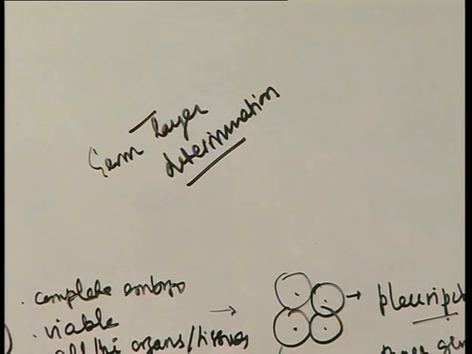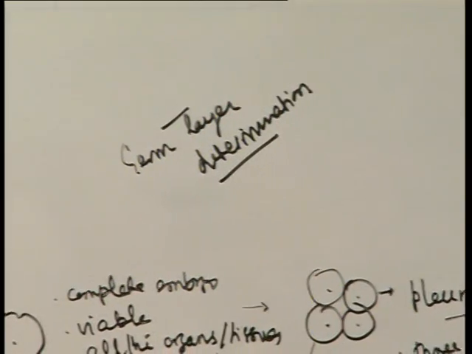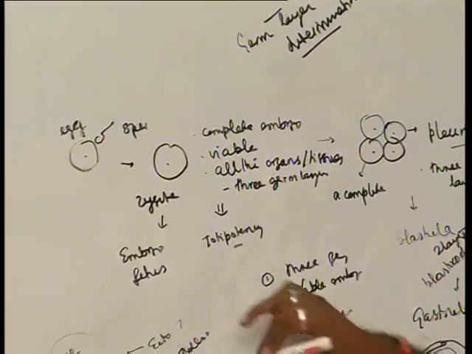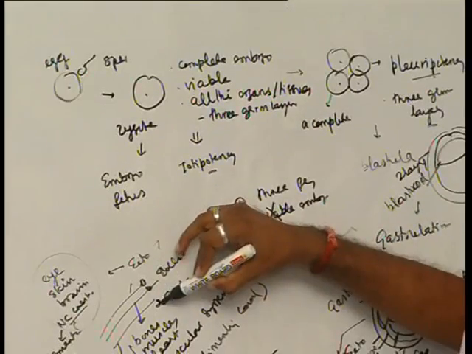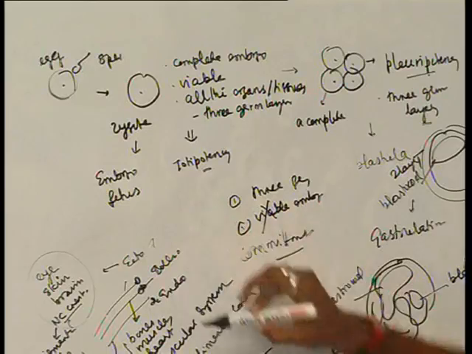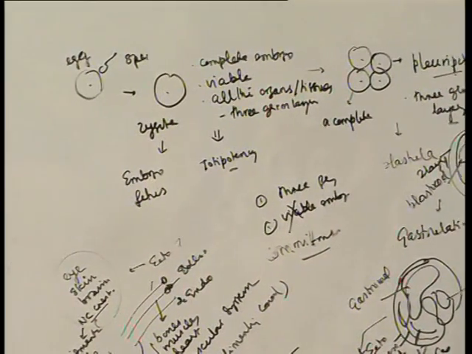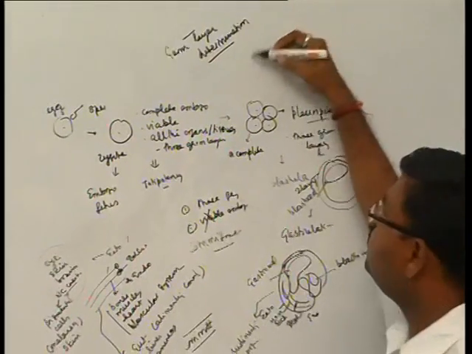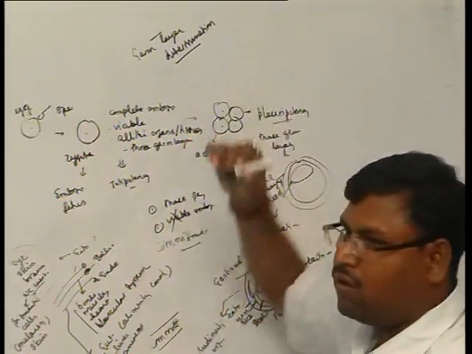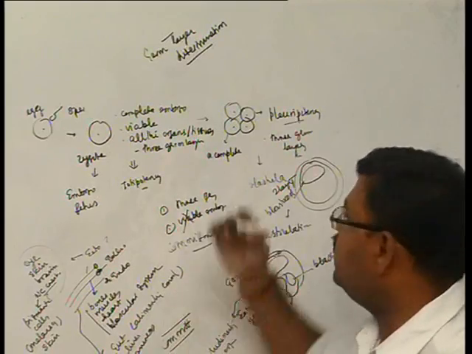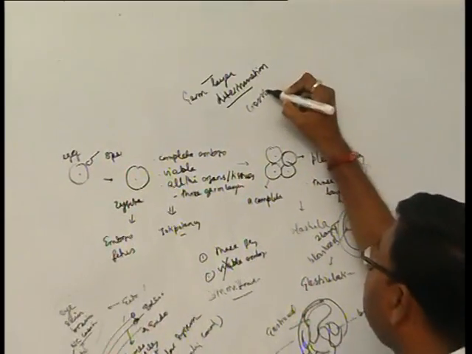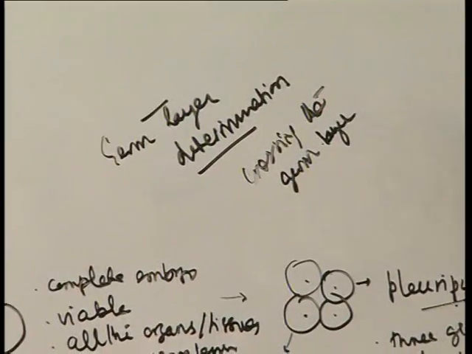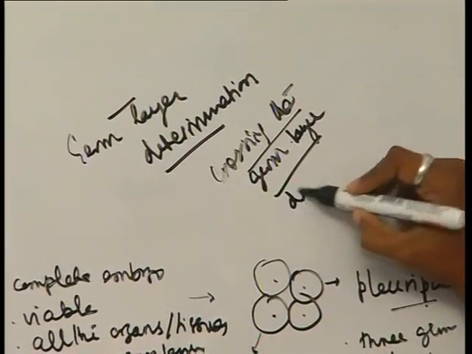Suppose an ectodermal cell is forming an endodermal organ, or an endodermal cell is forming a mesodermal organ, that is called crossing the germ layer determination.